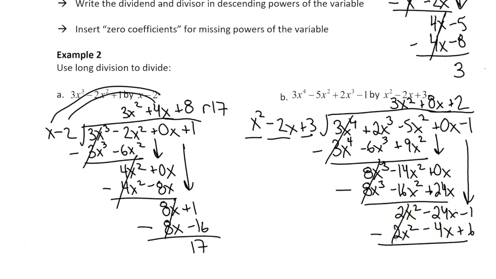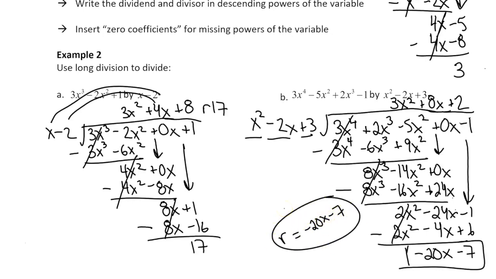Subtract that, and you would end up with negative 20x, negative 1 minus 6 is negative 7. So one thing that's going to be new to this question is your remainder is going to be a binomial, and that's okay. You're allowed to have a remainder that has more than one term, especially if you are dividing by a trinomial right there.